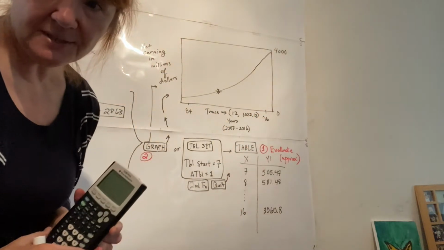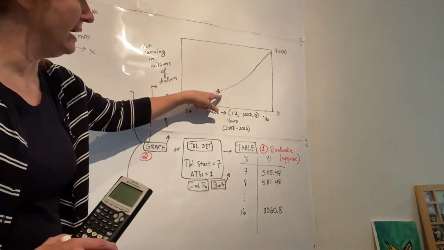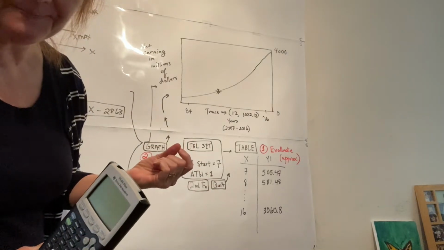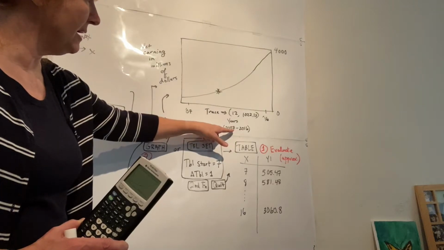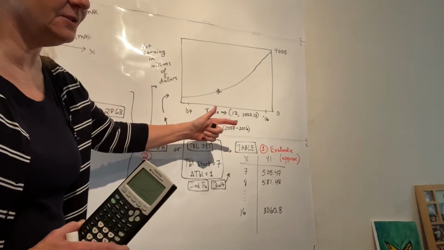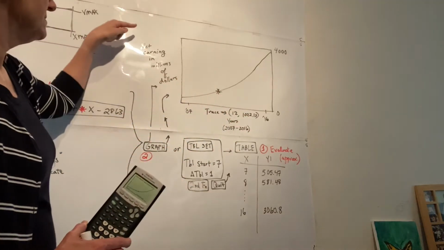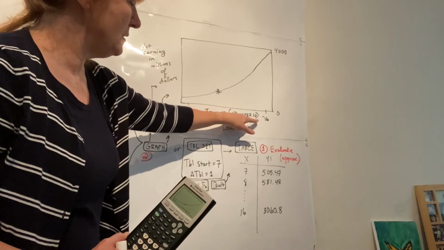A skill that's good to have in this class is to be able to look at a point on the graph and analyze that, say what is going on there. So if x is equal to 12, that means we're talking about year 2012, right? What's happening in year 2012? Well, the y values, which measure net earnings in millions of dollars, are 1022.12.